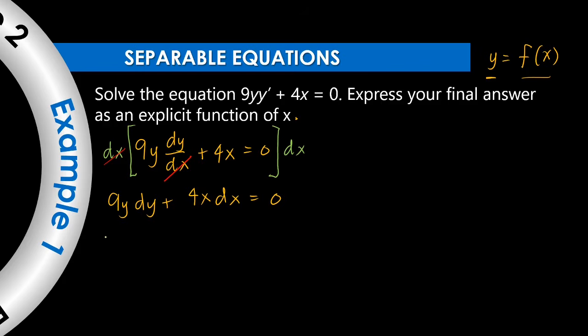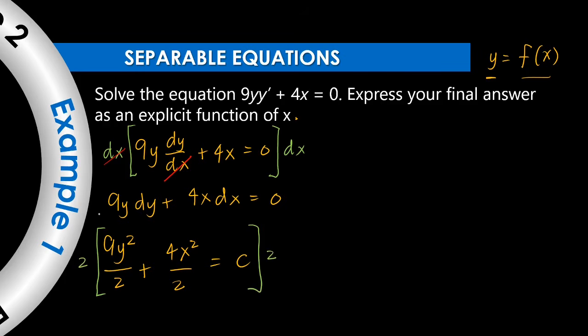And integrating both sides, we will get 9y squared over 2 plus 4x squared over 2 equals c. Now, to simplify our answer, we multiply both sides of the equation, this time to eliminate the denominator. It would be best if the final answer is expressed as a single line, so there will be no fractions.